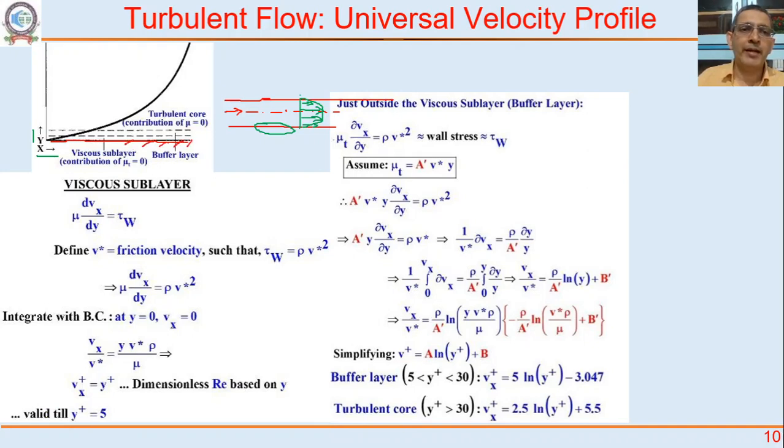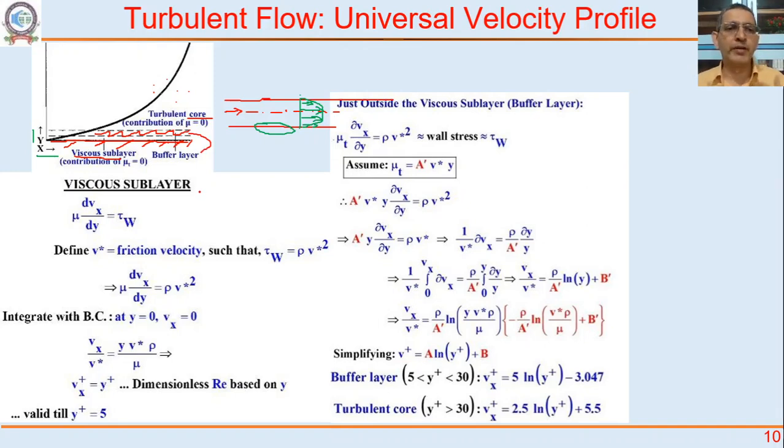We call that the viscous sublayer. But away from the wall, there is a lot of turbulence. So we call this the turbulent core. And in between, there is a gray zone where sometimes flow is laminar, sometimes eddies are there, like a transition region. We call this the buffer layer.